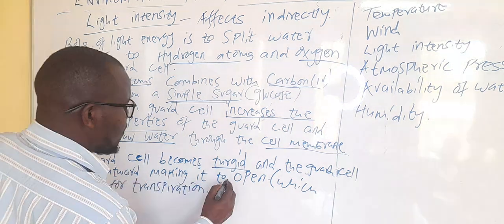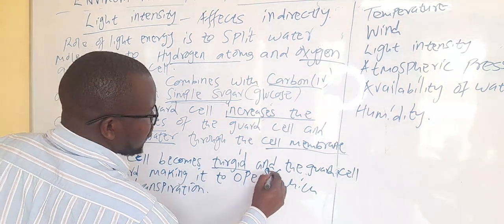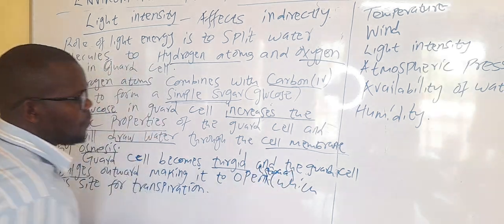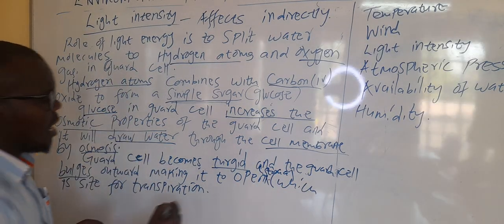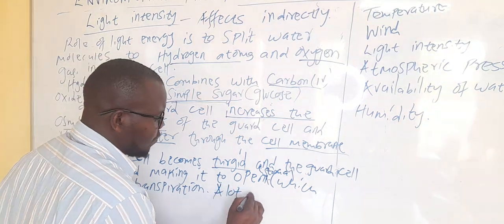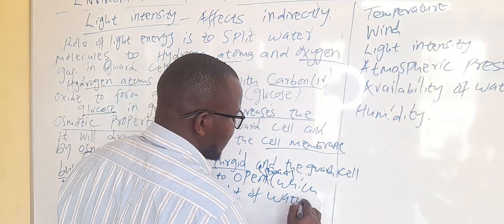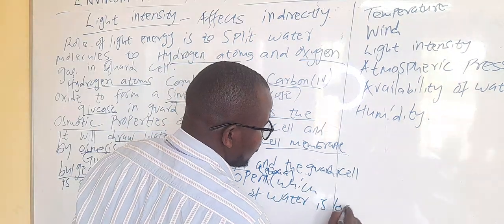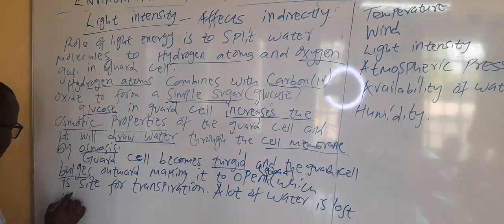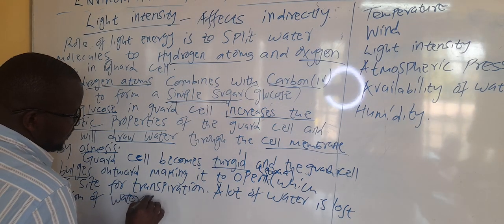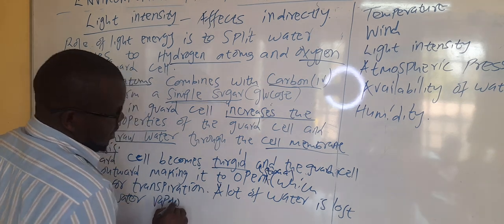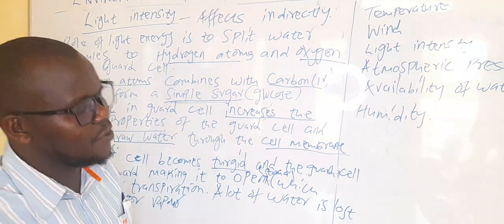What is opening here? Our stoma. The stoma opens, and that is the site for transpiration. Because of this, a lot of water will be lost in the form of water vapor. And the other one will just be vice versa of what we have said.